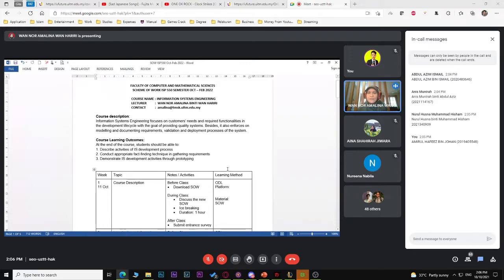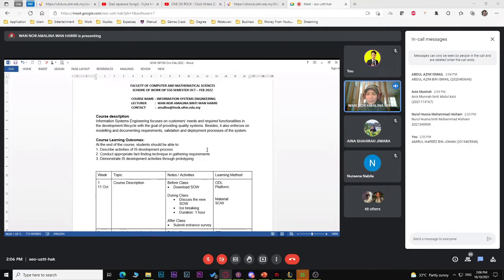You will also look into modeling, documentation, as well as validation and deployment of the system, which gives you a rough idea that at the end of the semester you will come up with a small working model.